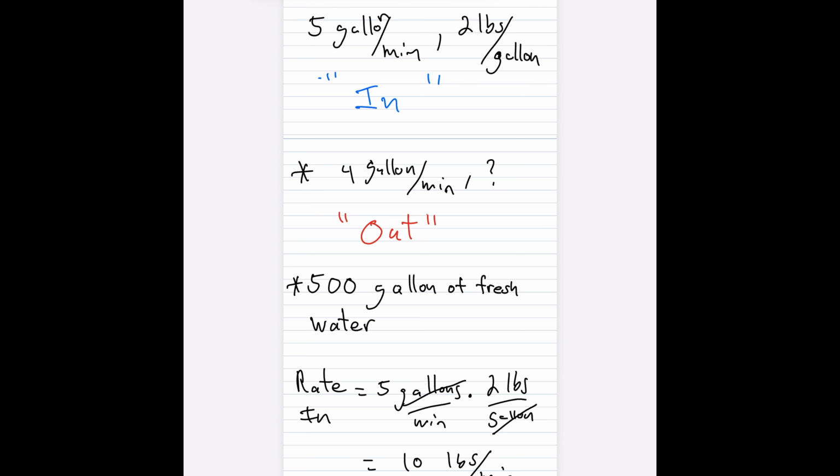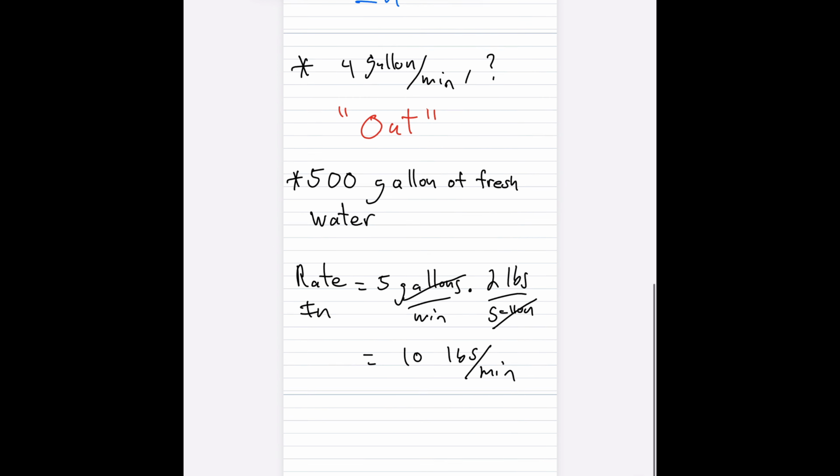In this case, I use dimensional analysis, but some people reason it out. They say, if you've got 5 gallons coming in every minute, and every gallon has 2 pounds of salt, then 5 times 2 is 10. Okay, 10 pounds per minute.